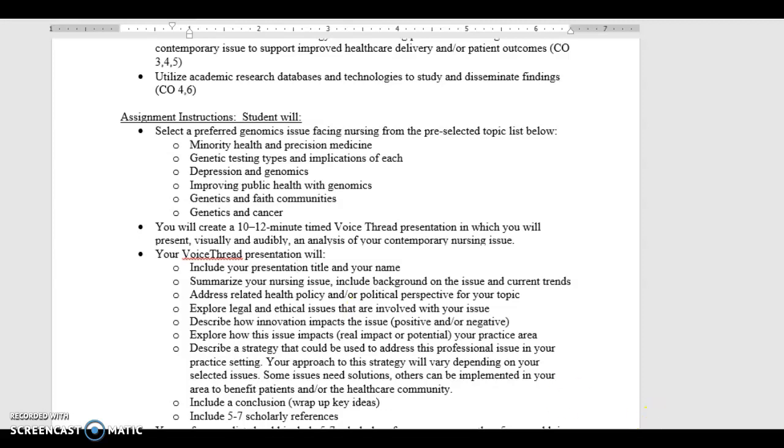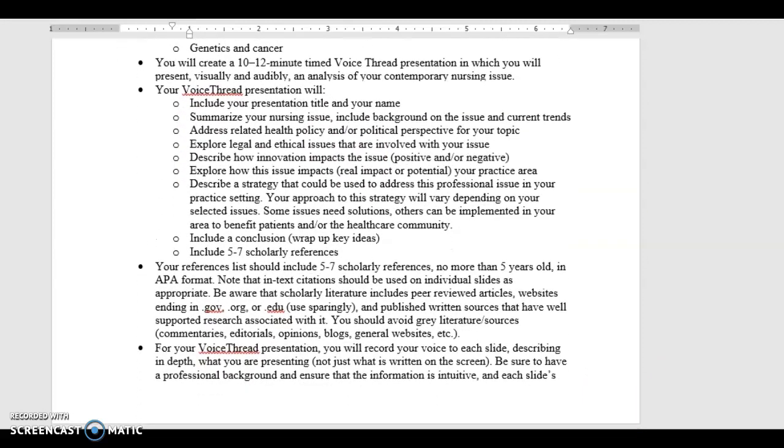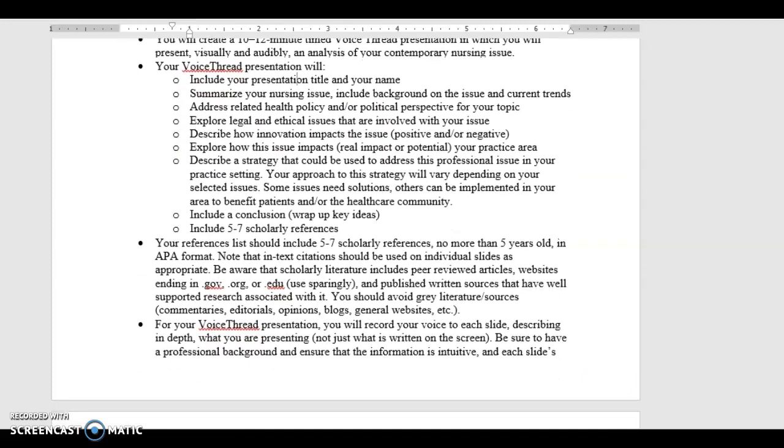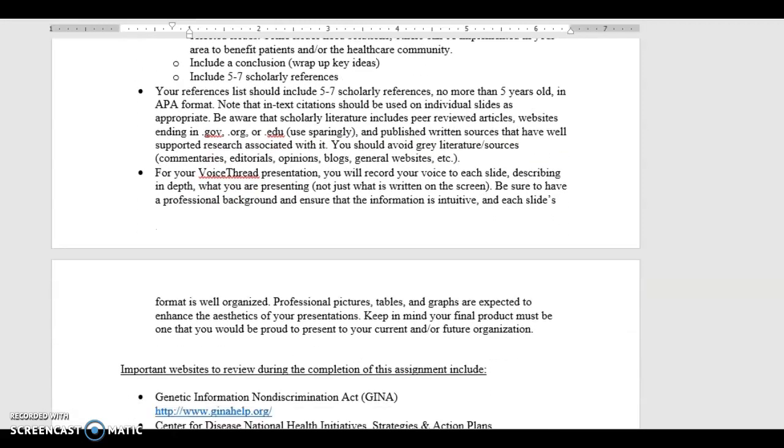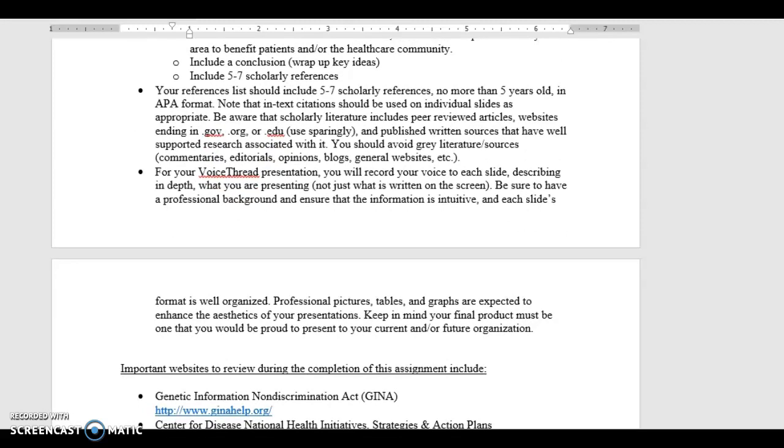Make sure it has a conclusion and 5 to 7 scholarly references. References should be no more than 5 years old and should be presented in APA format. Okay, and you will record your voice to each slide.